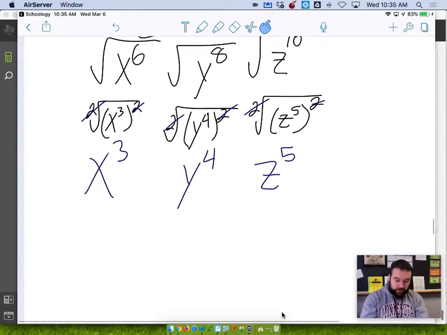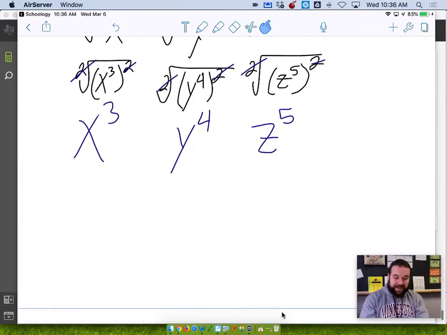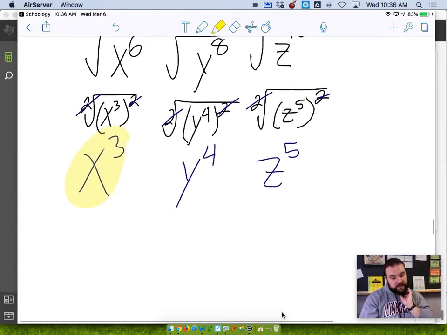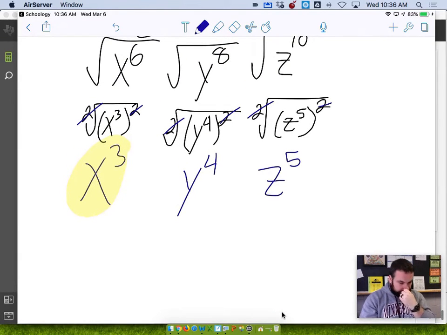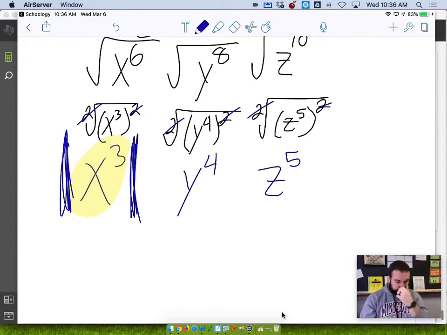The problem with this answer right now is that I don't know for sure that this is going to be a positive value. Because it's to the third power, if I had a negative number raised to the third power, I would have a negative as a result. And so what I need to do is put this x to the third in absolute value bars. Okay.